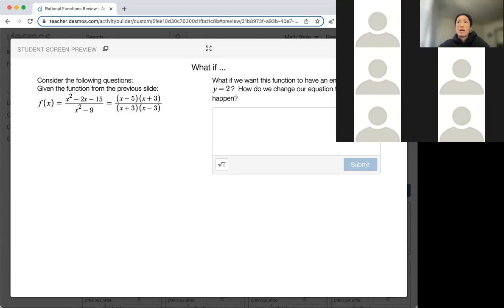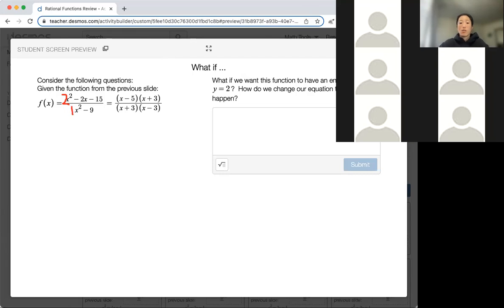So how can I make the horizontal asymptote y equals 2? Ooh, Stefan, be more specific, because I see more than one x squared. Okay, so let's see if this annotating will still work. If I have a 2x squared in the front and a 1x squared on the bottom, right?